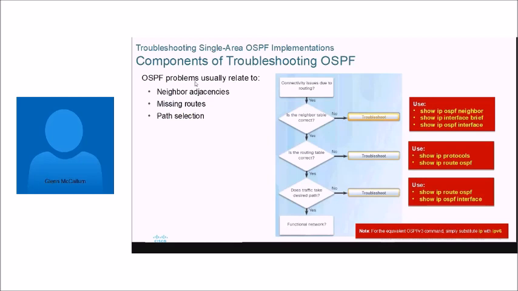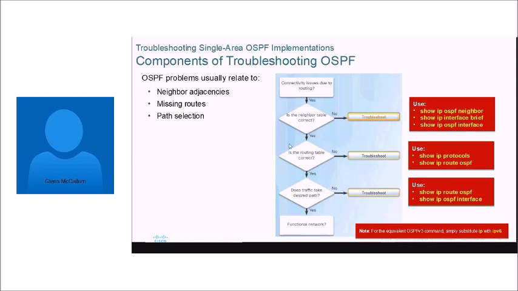Now, if the adjacencies are all correct, then does the routing table look correct? Of course, show IP route will show you that, and so you can look into it. You know, is that going through the correct links to the correct networks and so on?